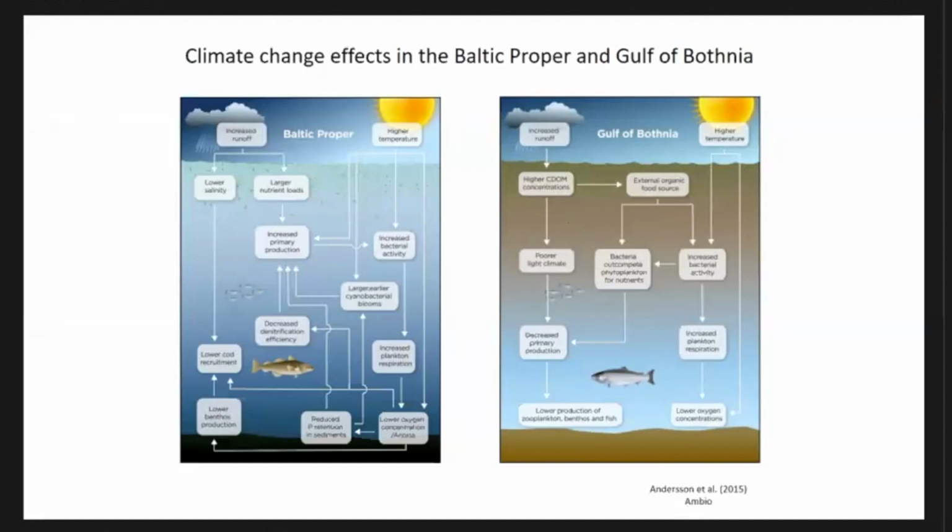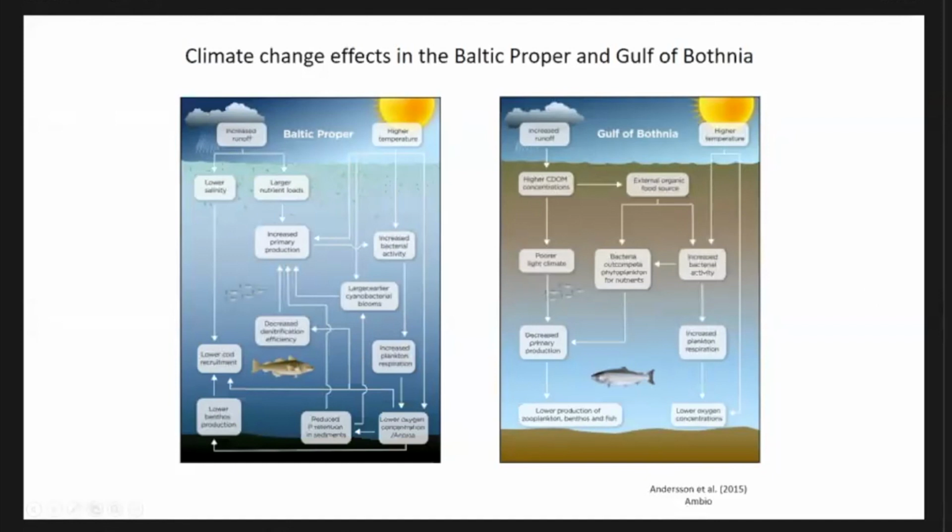Up here in northern Scandinavia, we can expect, according to climate research, more rainfall and increased runoff from land. So we will get a browning of the water and also lower salinity.